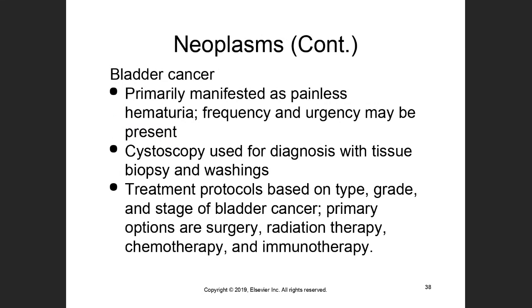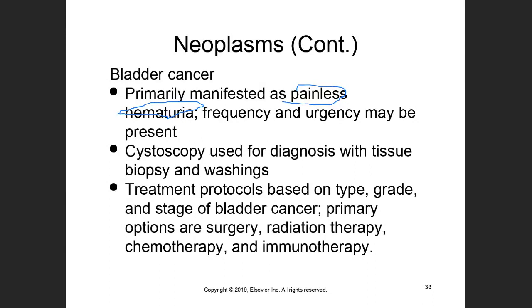Primary manifestation is painless hematuria. That's how you differentiate bladder cancer from kidney cancer, because basically the presentation is the same. Kidney cancer is painful. The patient is going to have pain with hematuria, because they have costovertebral angle tenderness and hematuria.